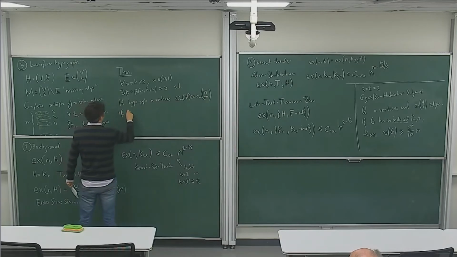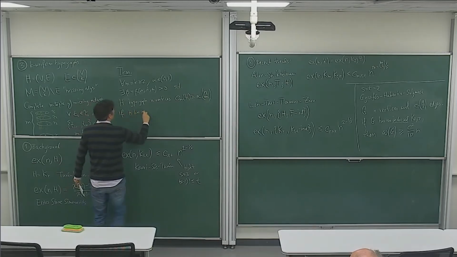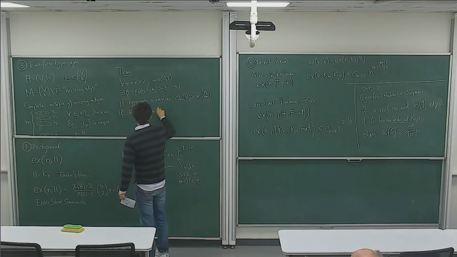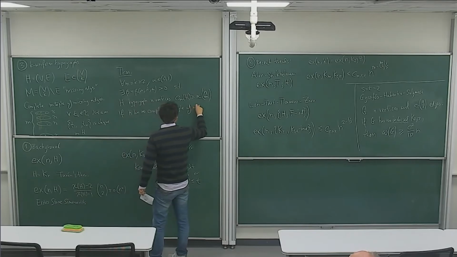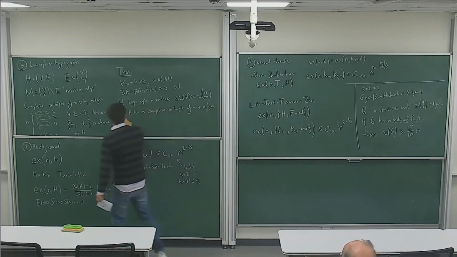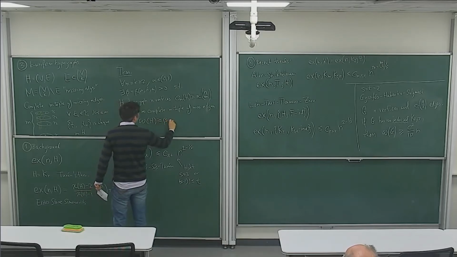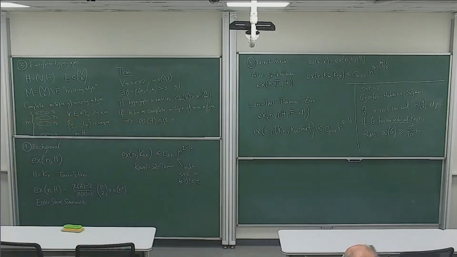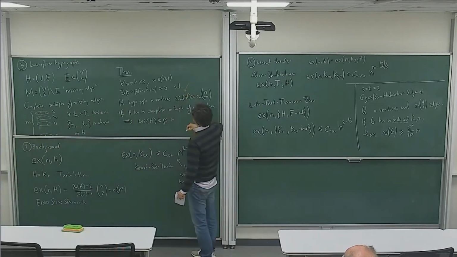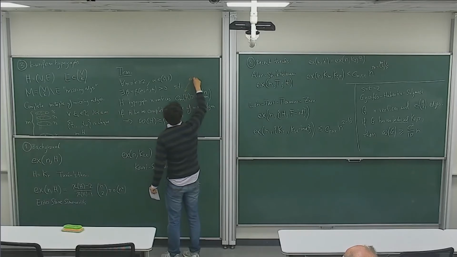If H has no complete M-tuple of missing edges, then the clique number of H is at least beta times n. Okay. C_M is the number of cliques on M vertices.